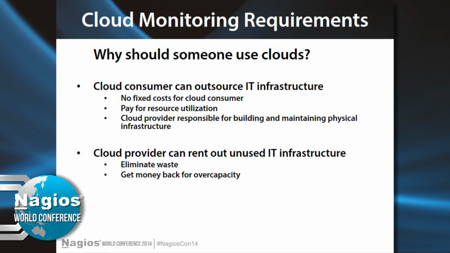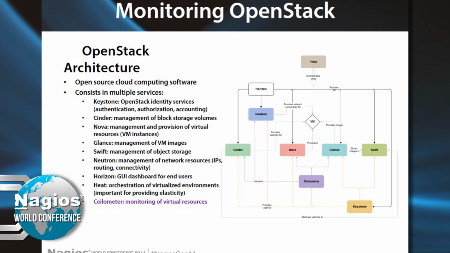Why does someone use clouds? Well, a cloud consumer doesn't have to pay fixed costs. The cloud customer pays only for the resource utilization, and the cloud provider also has a benefit. The cloud provider can get money back for overcapacity of server resources. That's the main reason why someone uses clouds.